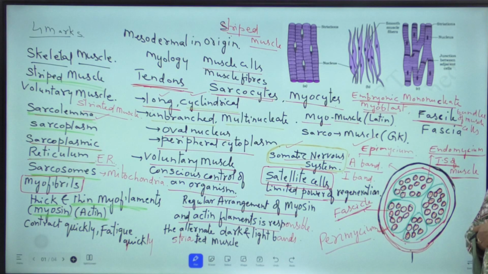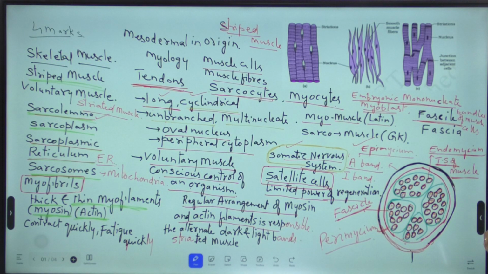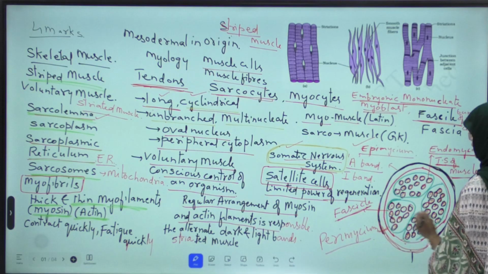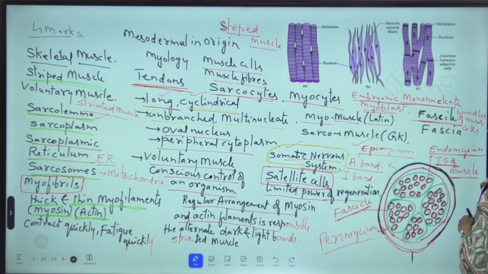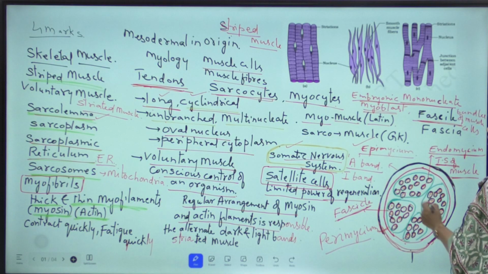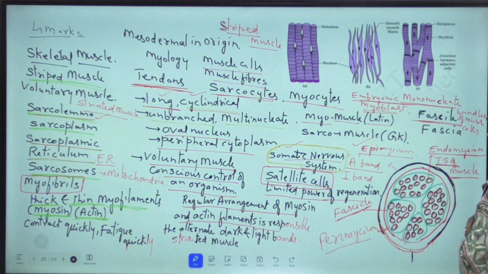Bundles of muscle cells. Each fascicle is covered by perimysium. All the fascicles together form a muscle, and the muscle is covered by a thin connective tissue membrane called epimysium. This is about the transverse section of muscle.